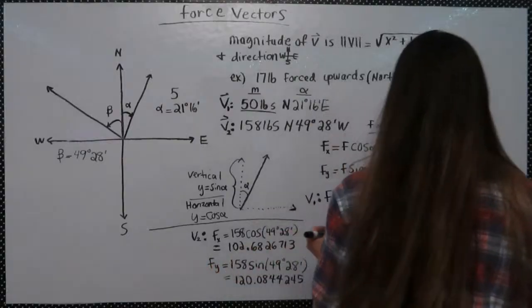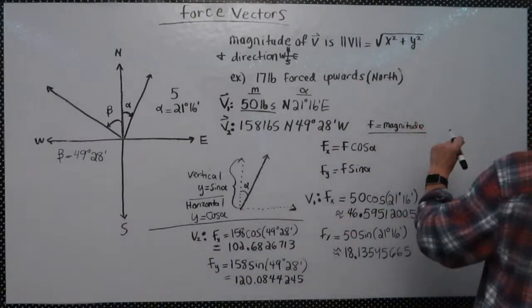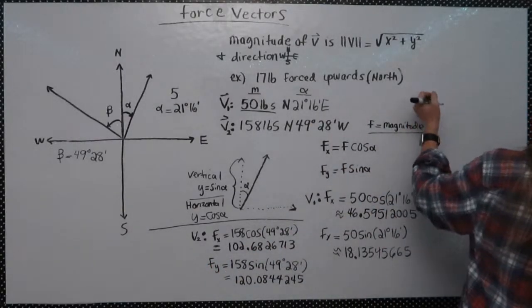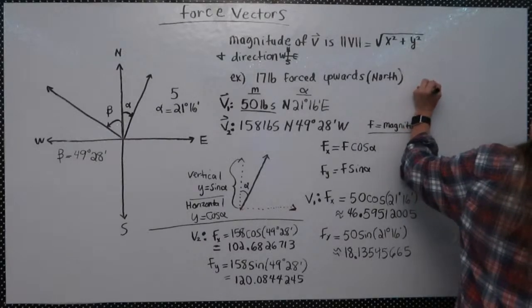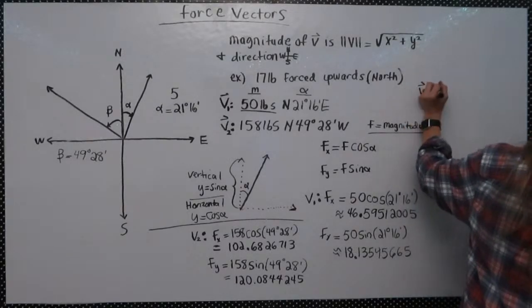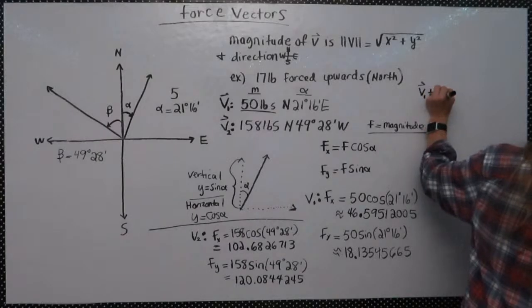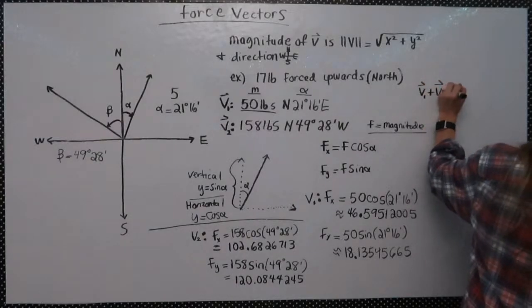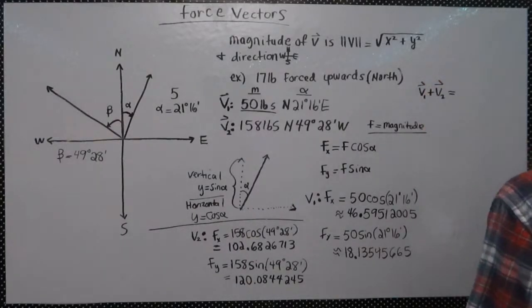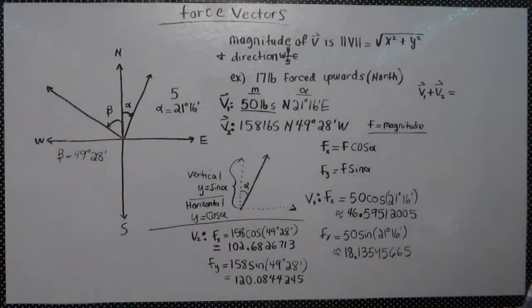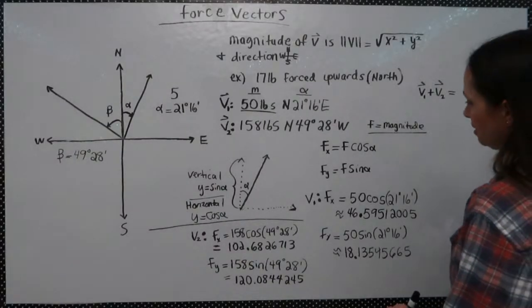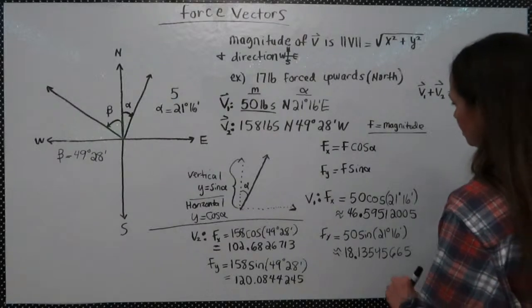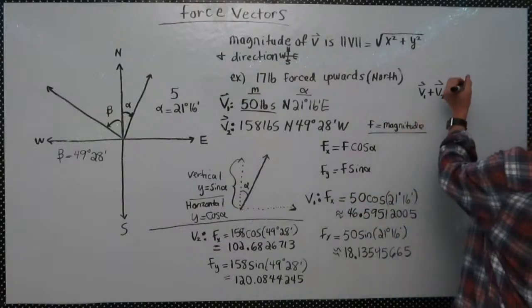What it boils down to is, up here, we'll do it off to the side. We've got vector 1 plus vector 2. The way that works is you have to add your x components.